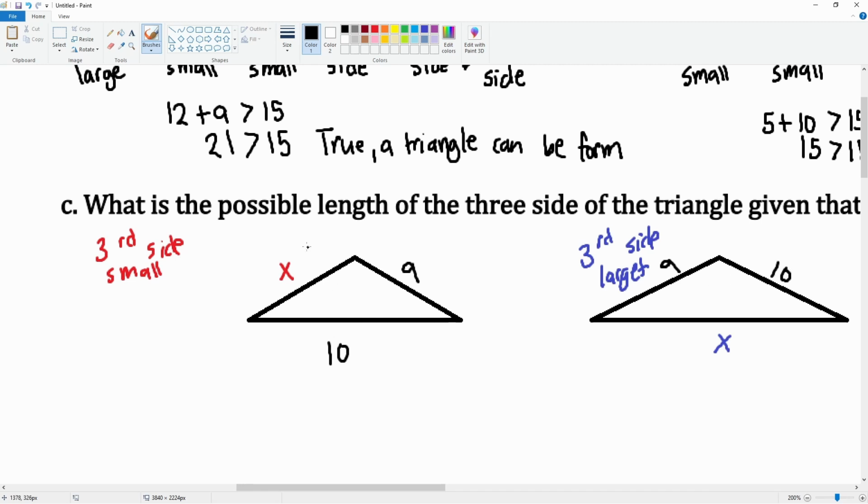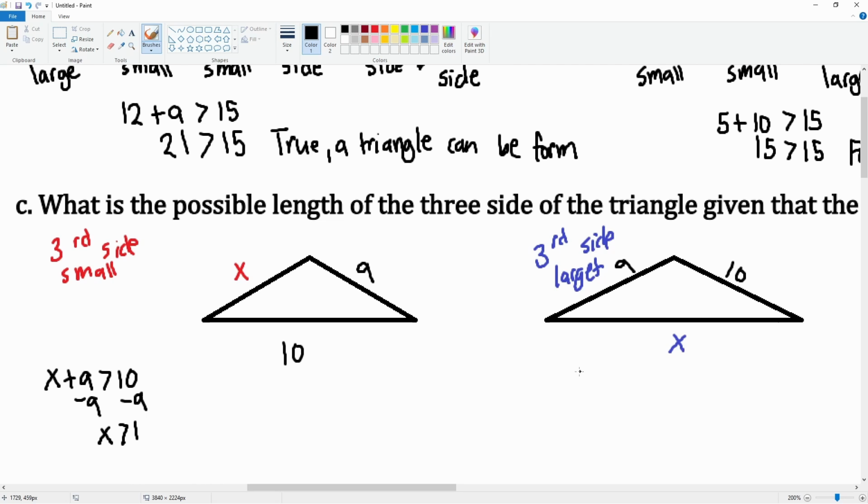All right. So here we can just solve, right? We do the same one. Small plus small has to be greater than the large. So X plus 9 has to be greater than the large, which is 10. So minus 9 to both sides. You get X has to be greater than 1.